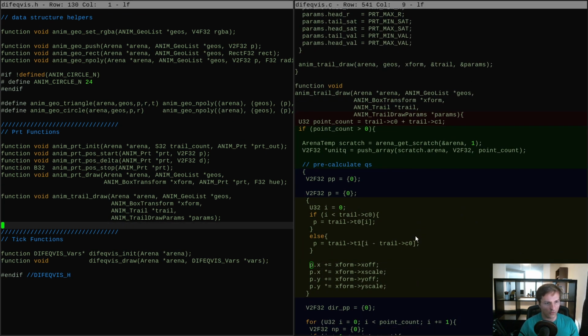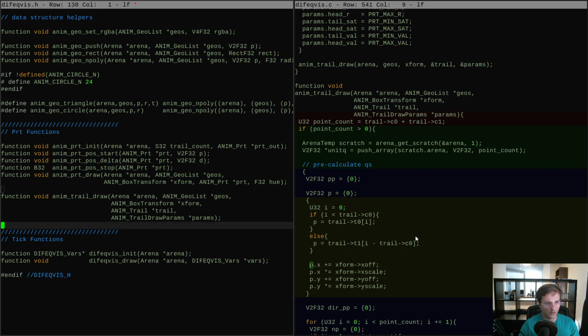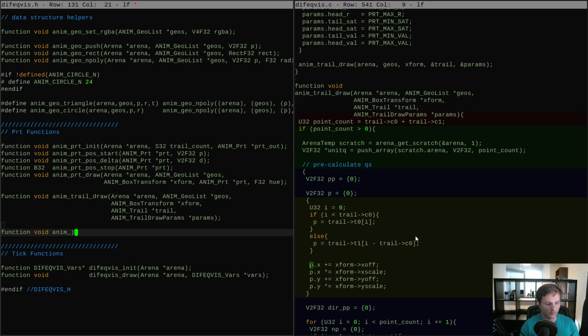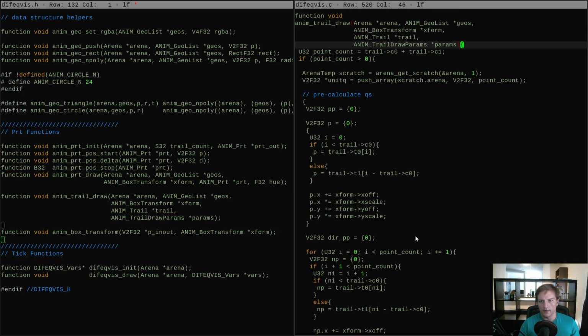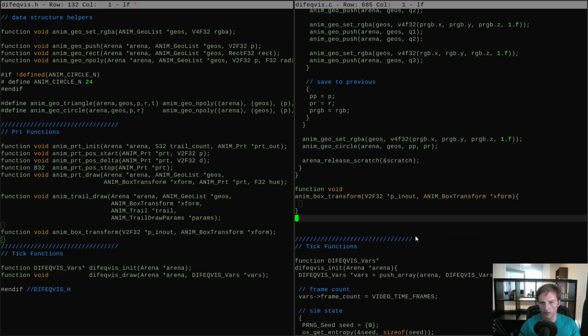Let's just do a little helper here. It'll be out of organization here, but box transform, v2f32 p in out, anim box transform. Okay, too easy to get that wrong, apparently.